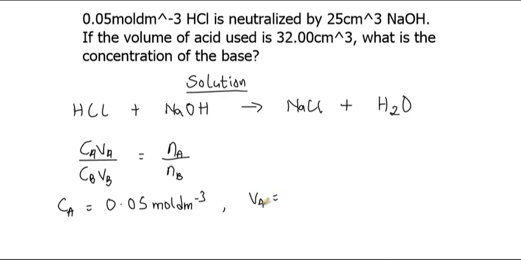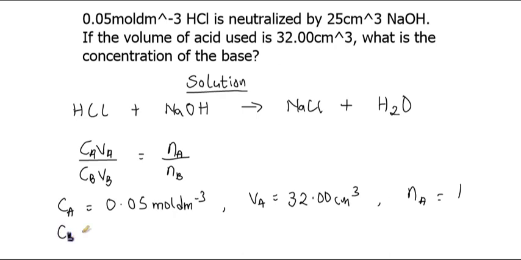Va is given to be 32.00 centimeter cube. Na, like I said earlier, is the coefficient of the acid present. So here we have 1.